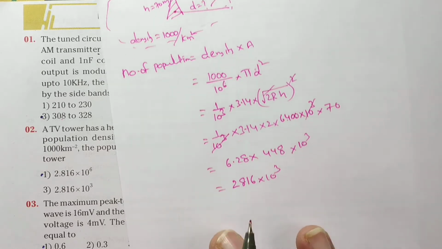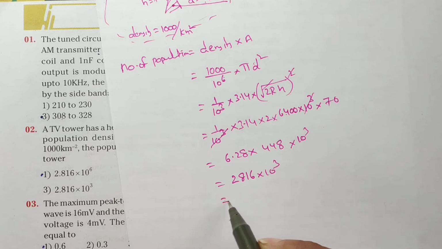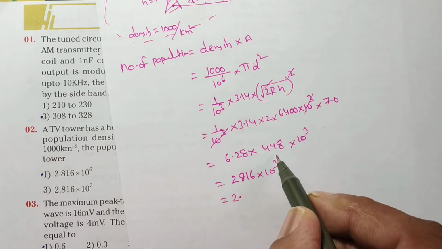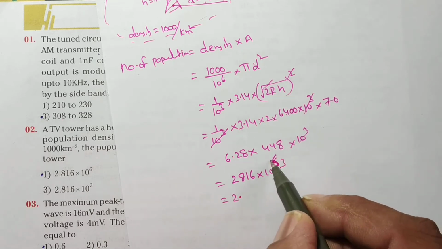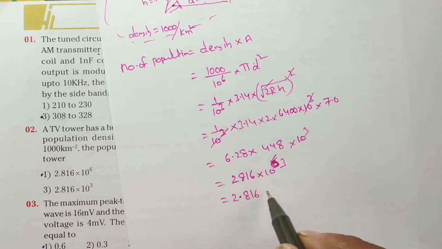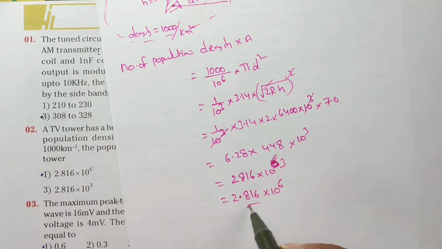That means the answer we are getting is 2.816 into 10 to the power of 6.